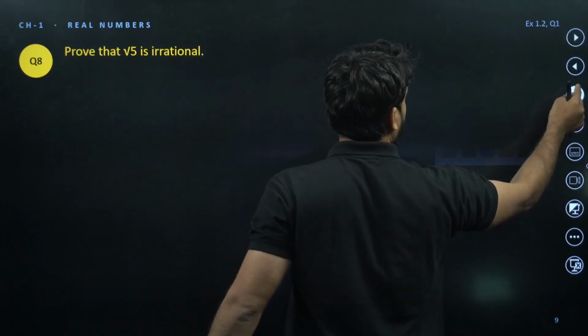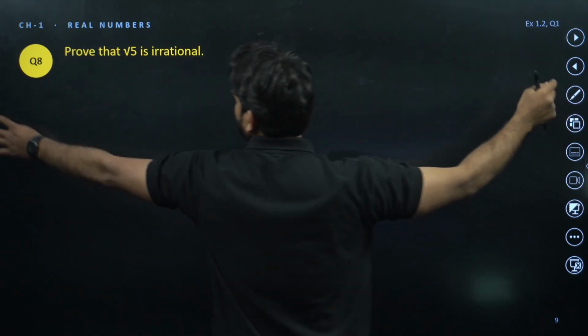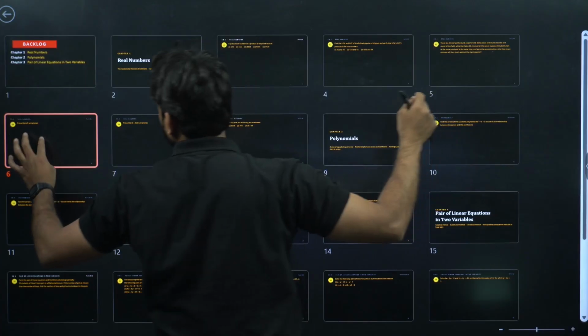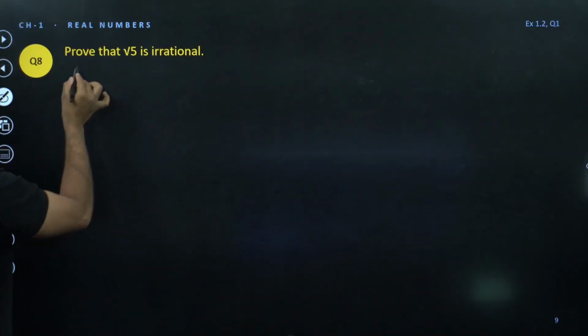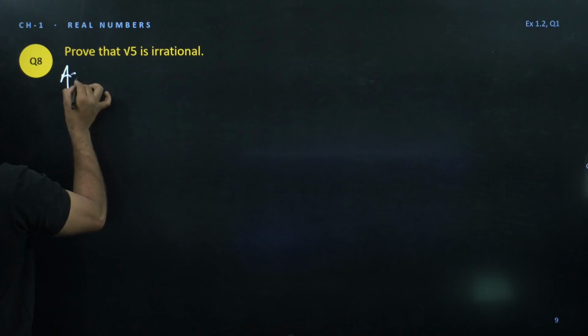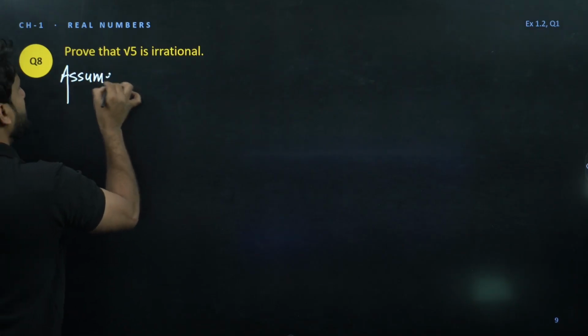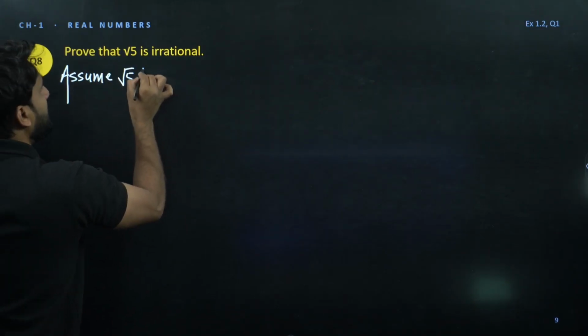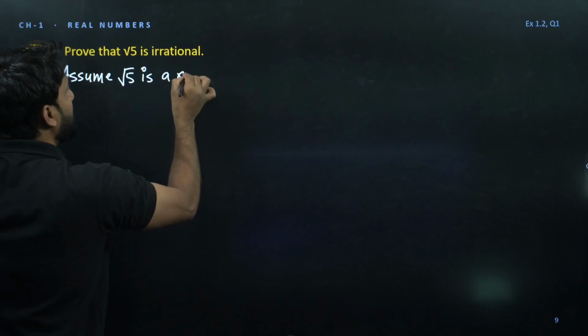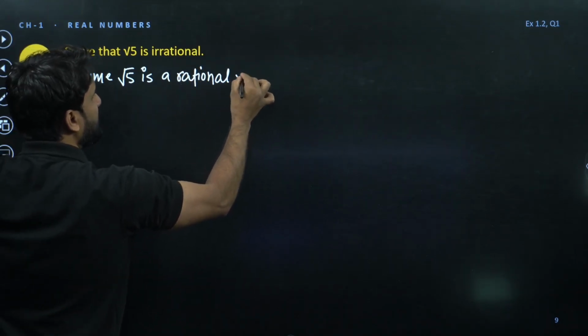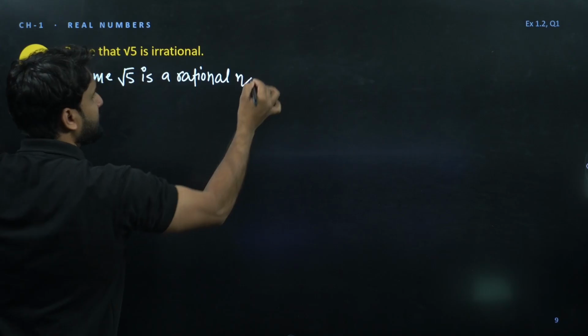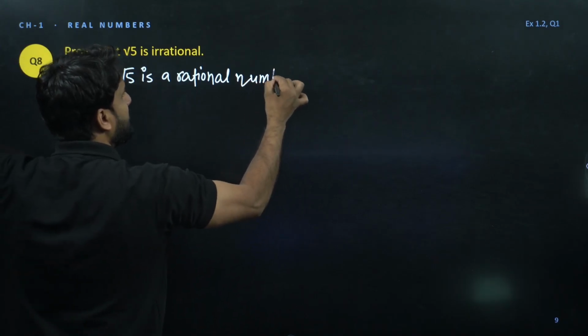technical problem. Okay, so here we have to assume that root 5 is a rational number. First assume that root 5 is a rational number. Okay, first assume root 5 is a what, champions? A rational number.